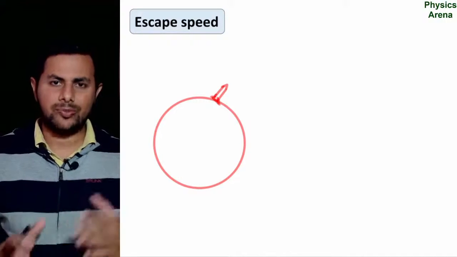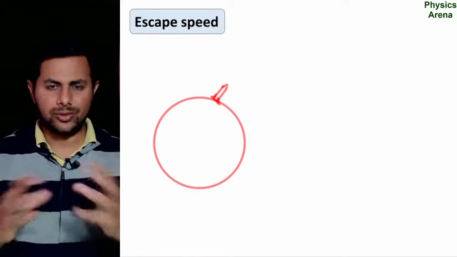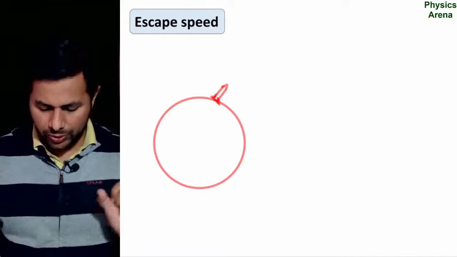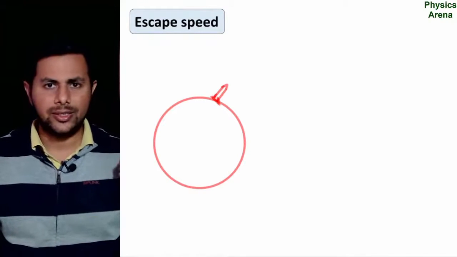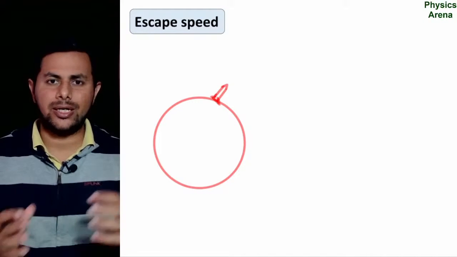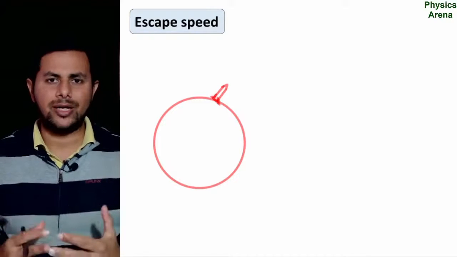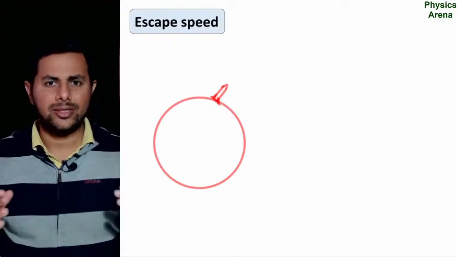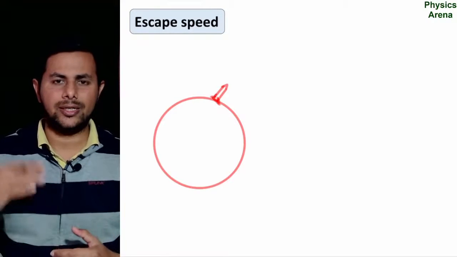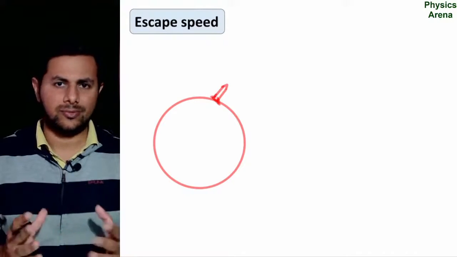So with what speed should we throw this rocket, or what initial velocity should we impart to this rocket so that it goes to infinity and never comes back? That speed is known as the escape speed, the speed which we must impart to an object such that it escapes from Earth's gravitational bounds and goes to infinity. It is known as the escape speed. Okay.